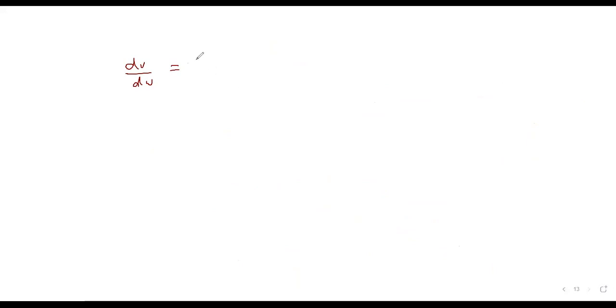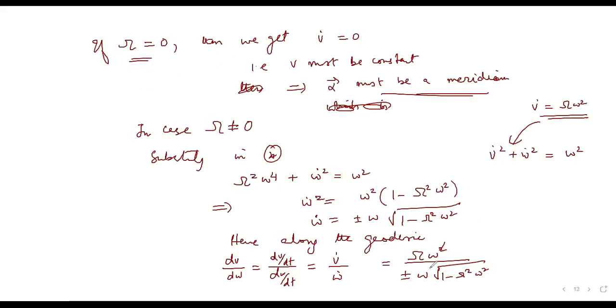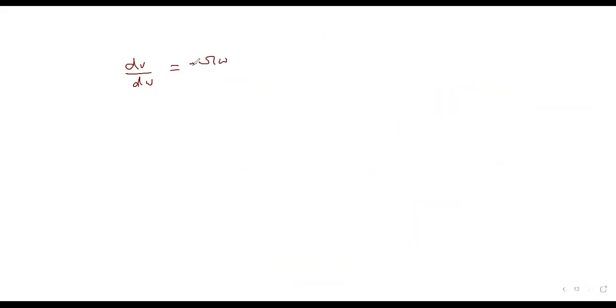Let me see, is equal to omega w, one will cancel, so square, right. So this would be omega w plus minus of course square root of 1 minus omega square w square. So what we do after that, it means that dv is equal to plus minus omega w divided by 1 minus omega square w square.